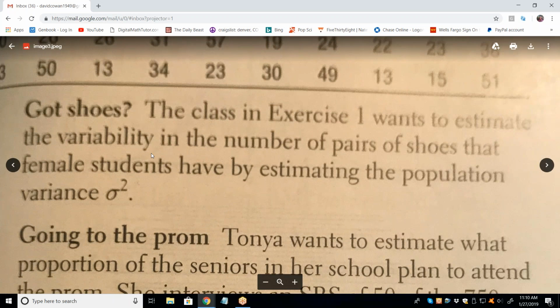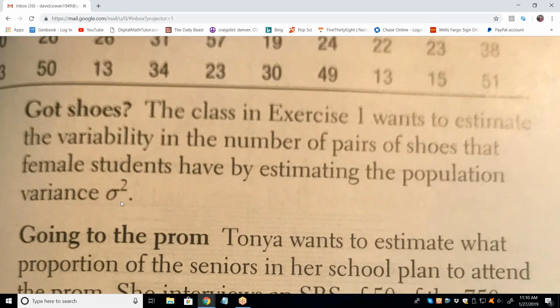Wants to estimate the variability in the number of shoes by estimating the population variance, sigma squared. Well, variance is standard deviation squared. But a true measure of variability is really the standard deviation.